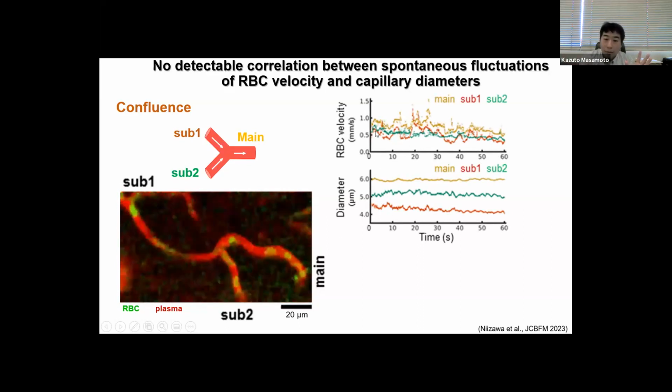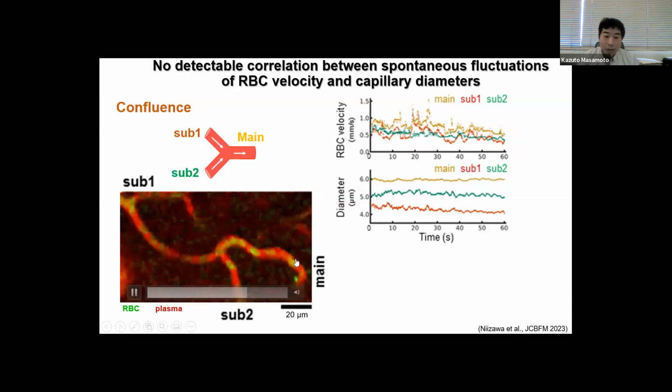You see the red blood cell velocity fluctuates over one minute, but there is only a small change in capillary diameter. That indicates the velocity change occurs independently of the diameter change.